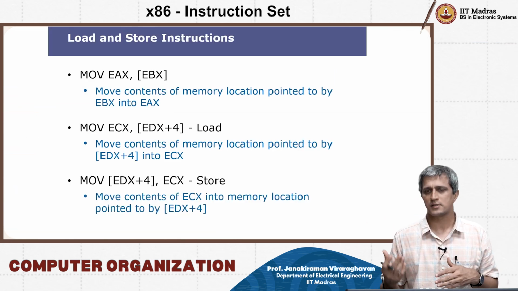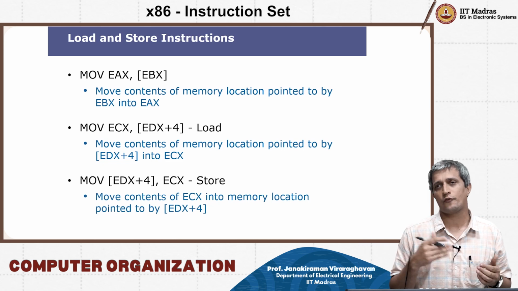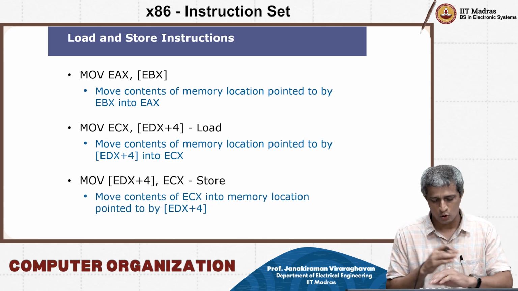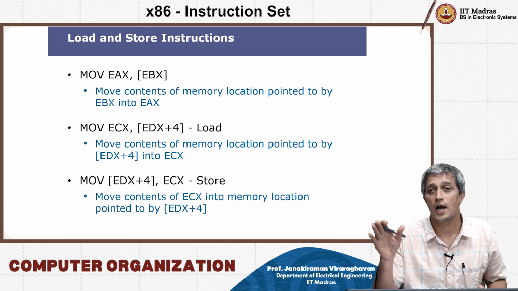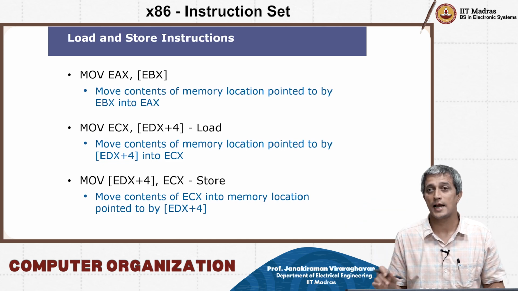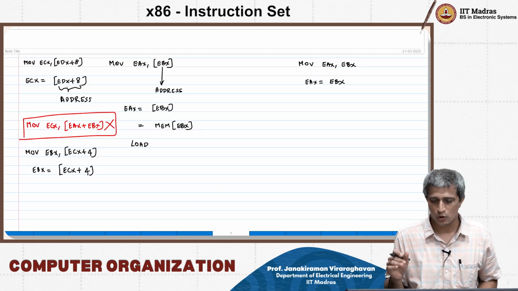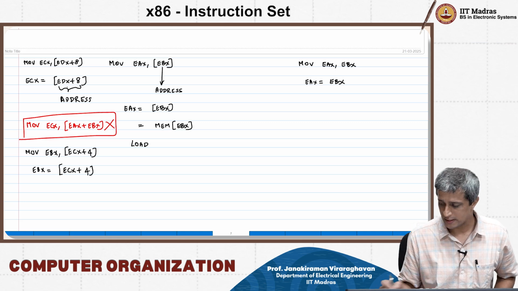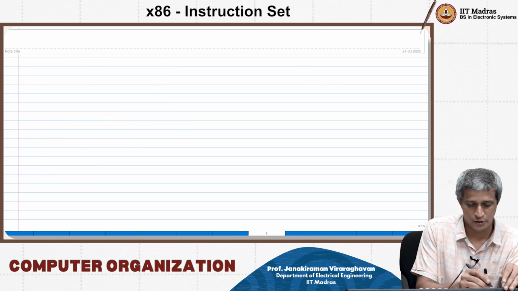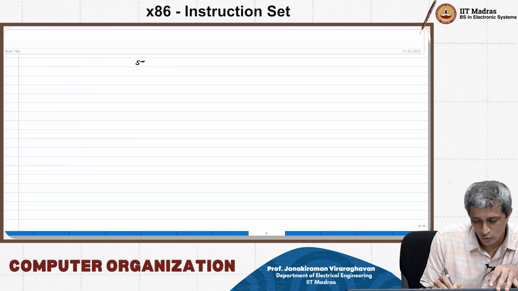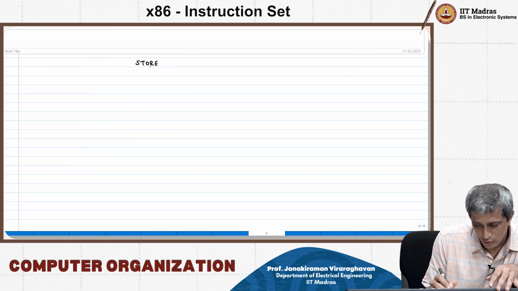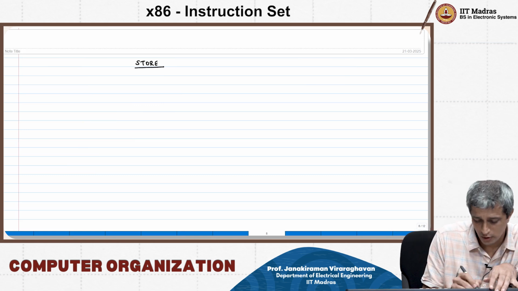Now, likewise, instead of loading data from the memory, I can also choose to store data into the memory, right? So what is storing? It is basically the exact opposite operation. So I can do store. Okay, what is store?